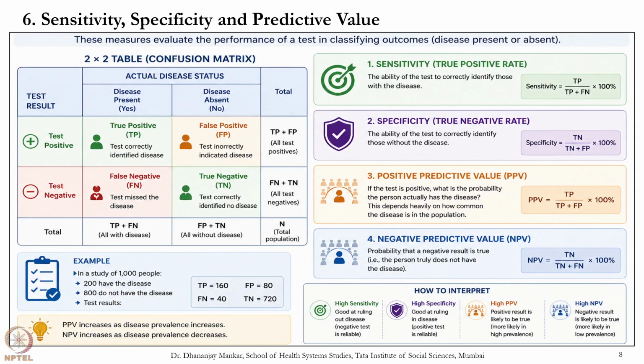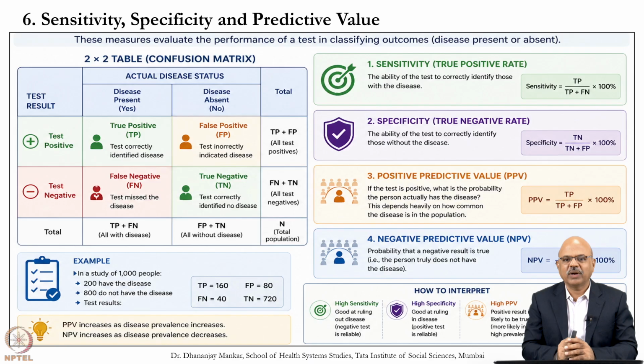Sensitivity, specificity and predictive value. Sensitivity is the true positive rate, the ability of the test to correctly identify those with the disease. Then specificity is the true negative rate, the ability of the test to correctly identify those without the disease. The test results are indicated as test positive or test negative.